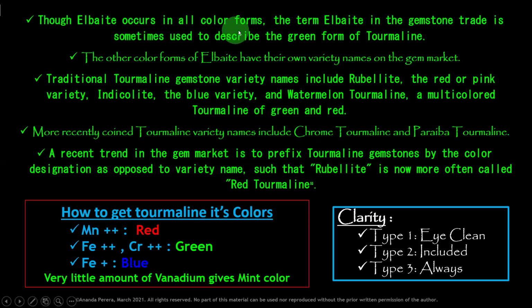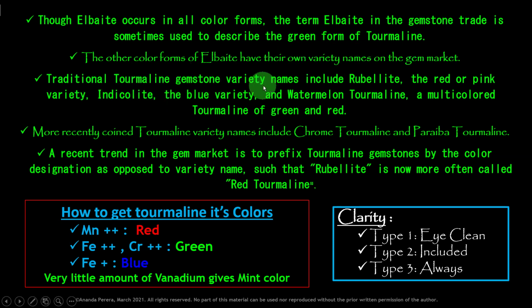Though elbaite occurs in all color forms, the term elbaite in the gemstone trade is sometimes used to describe the green form of tourmaline. The other color forms of elbaite have their own variety names on the gem market.